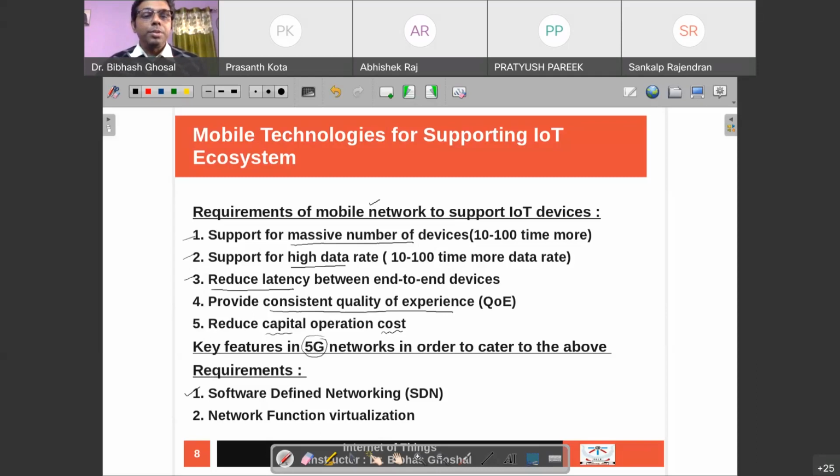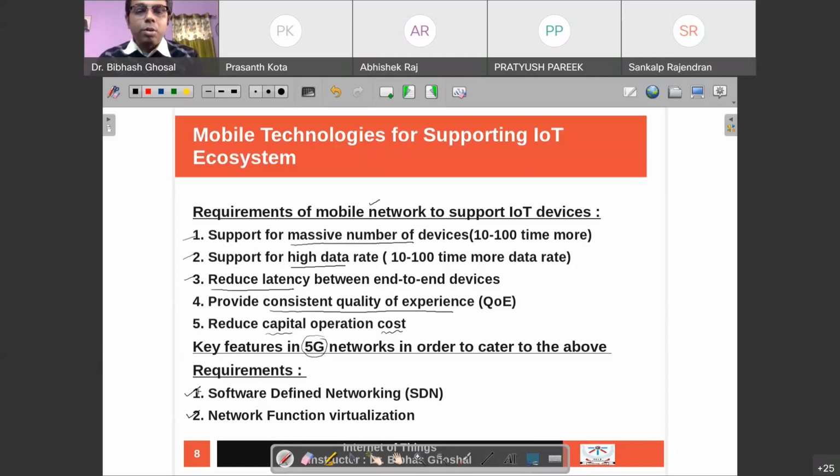And these two problems is what we are going to talk about. Please be very, very attentive, because these two technologies that I'm going to talk about are very, very important with respect to IoT. They are not only for mobile technology, but in general, whenever you talk about any networking concepts for IoT, you actually have to talk about these, and they have become one of the most key things for IoT networks.